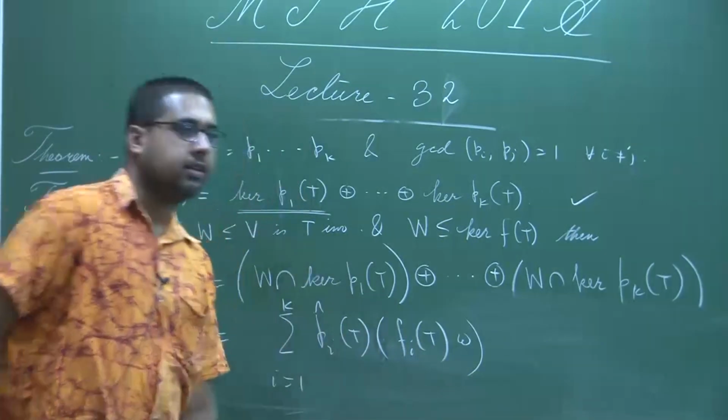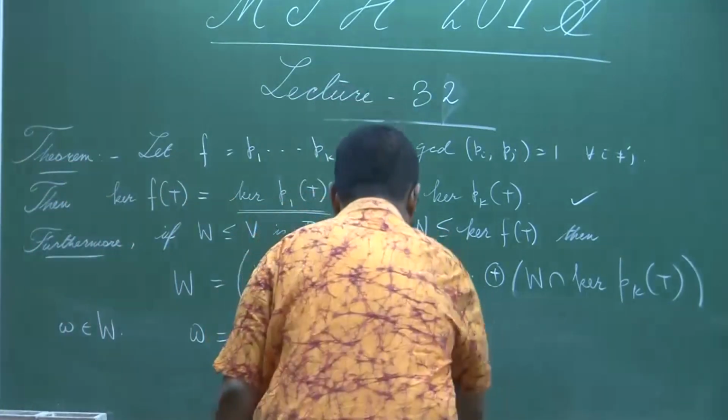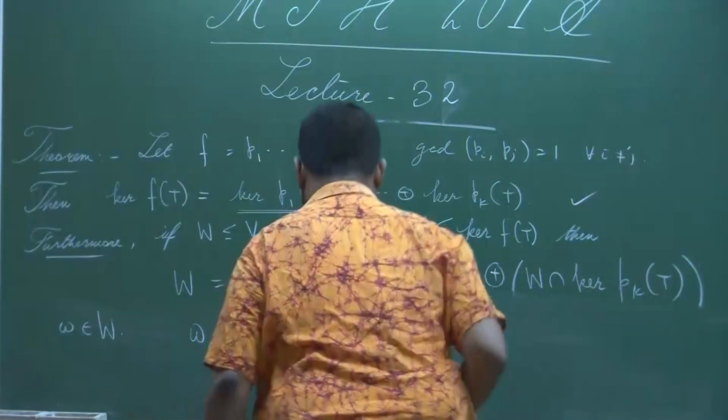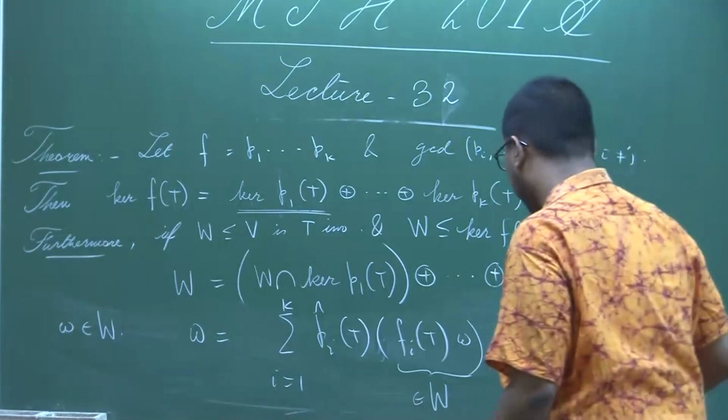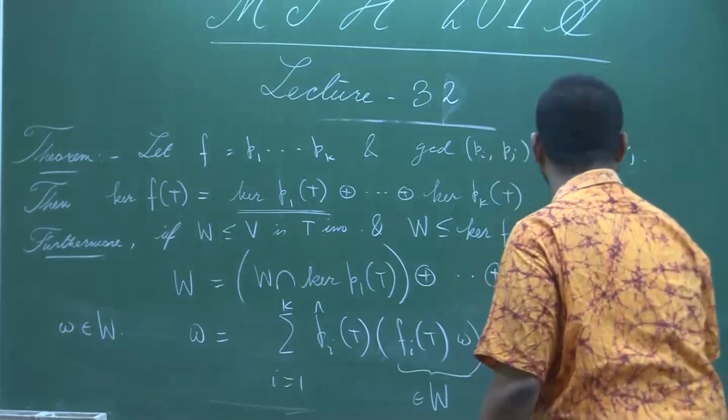Therefore, this vector lies in W, right? This vector lies in W, okay? Because that's very easy.